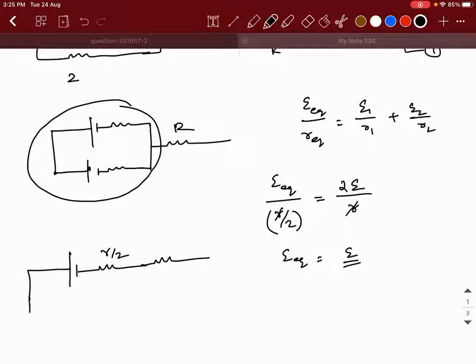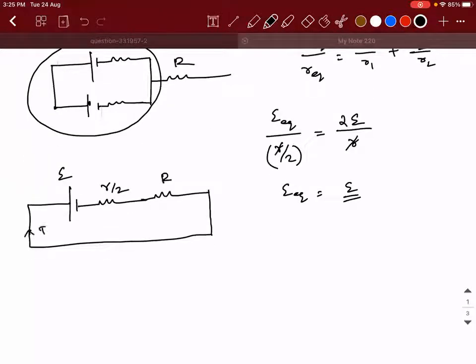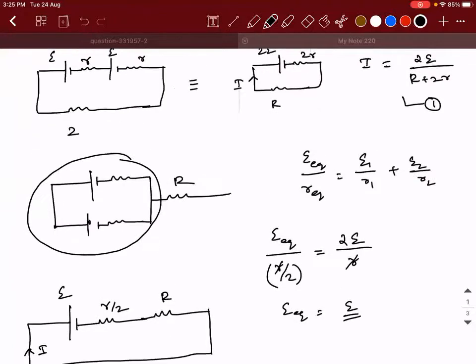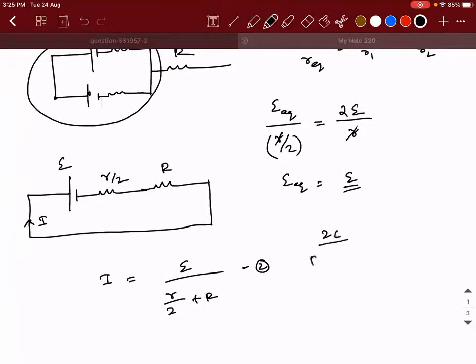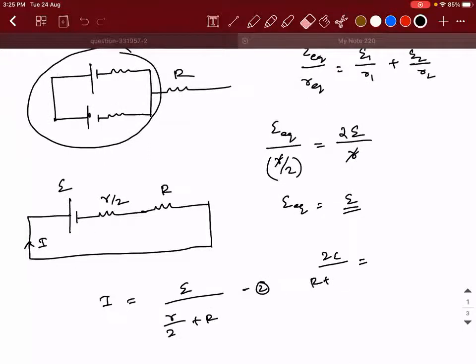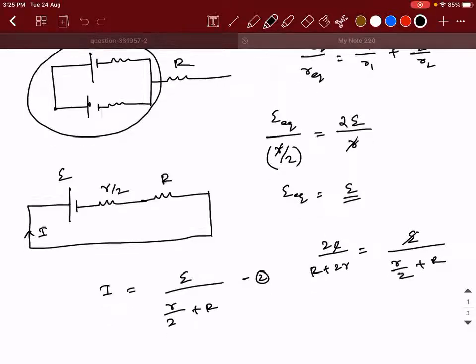I'm not sure if you're able to understand. If there is any doubt, ask. What is going to be the current in this case? I will be equal to E divided by R by 2 plus capital R. Equating to the series case, 2E divided by R plus 2R is equal to E divided by R by 2 plus R. So E and E will get cancelled.